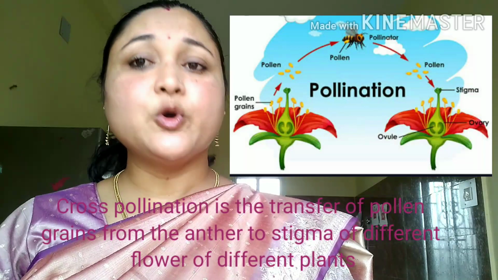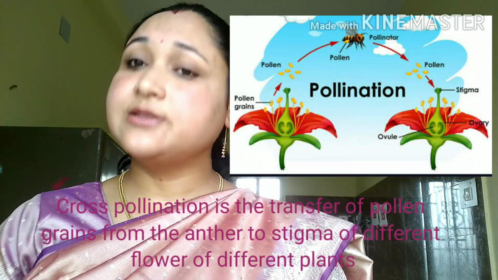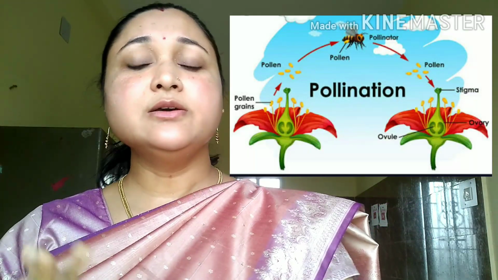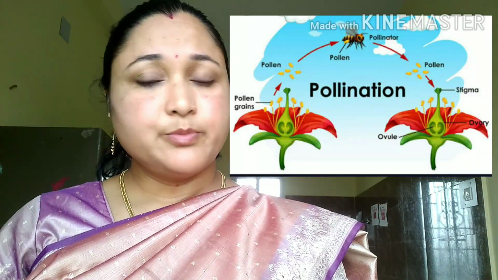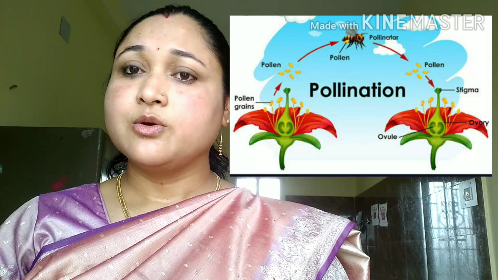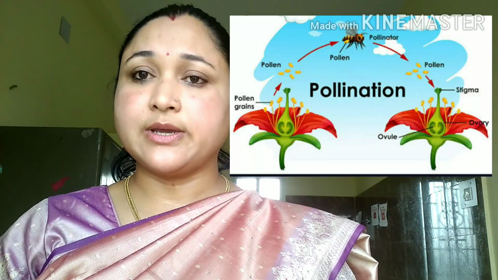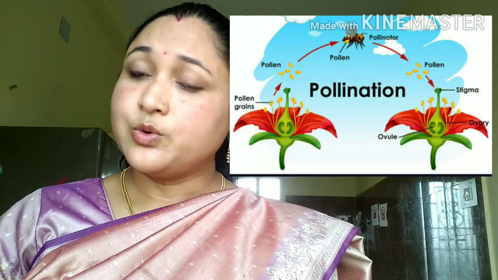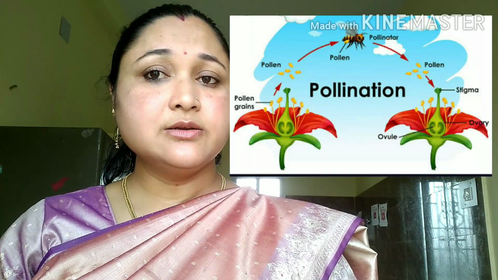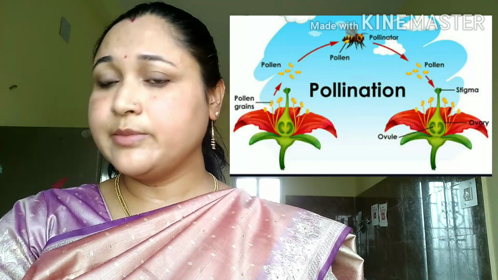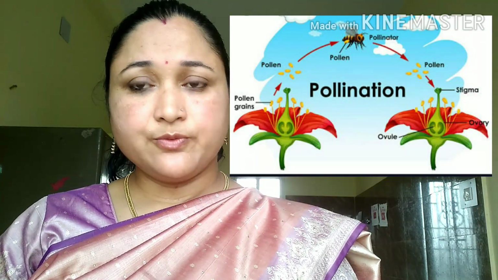Now, this self-pollination takes place in the flower which has both the male and the female part of the flower, whereas the cross-pollination takes place where the flower has either any one part, either the male part, that is stamen, or the female part, that is the carpels.